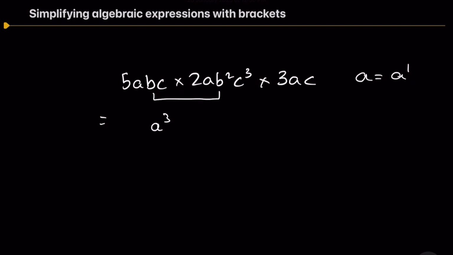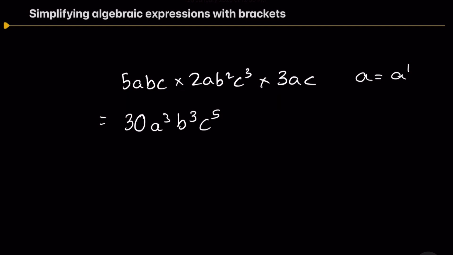So 1 plus 2 is 3. So that's b cube. Then c, c cube, and c. So that's 1 plus 3 plus 1, which is 5. So you write c to the power 5. And lastly, don't forget to multiply the numbers. So 5 into 2 is 10, 10 into 3 is 30. So you put 30 in front of it.